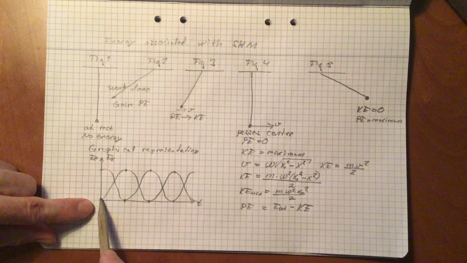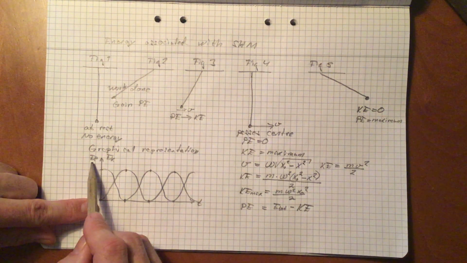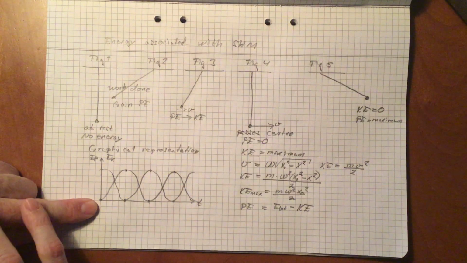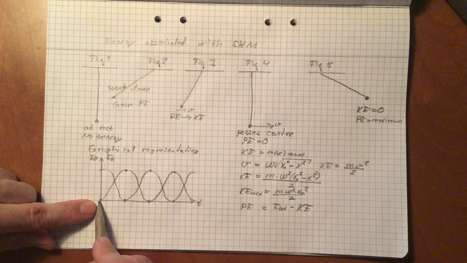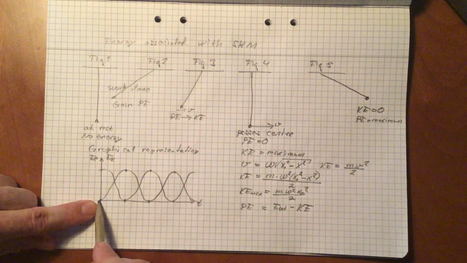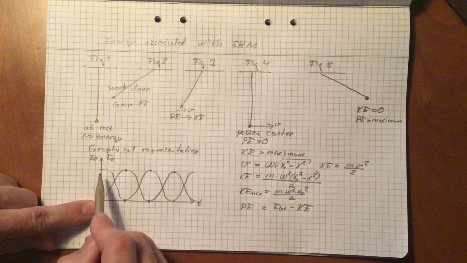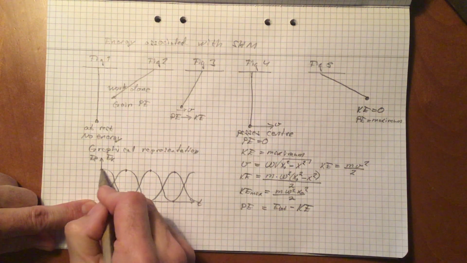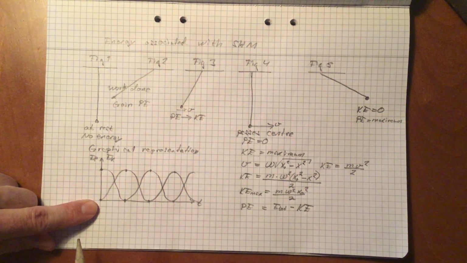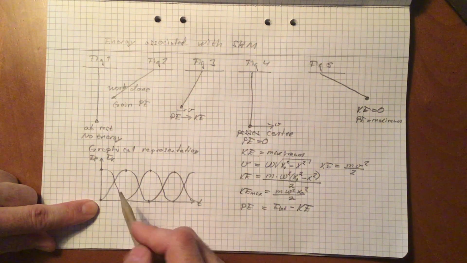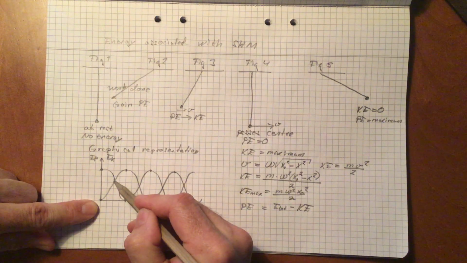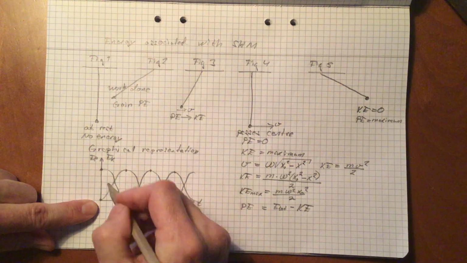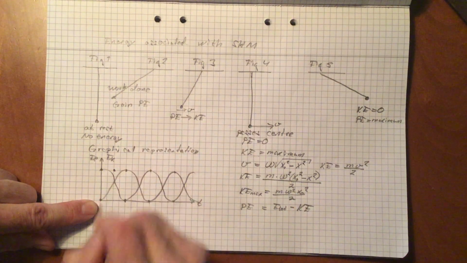The total energy is the sum of the potential energy and the kinetic energy. And if we start at time 0, the sum of the energy is 0 plus the potential energy. That is at this point. The sum of the energy here is this distance plus this distance. And then I'm coming to this distance.